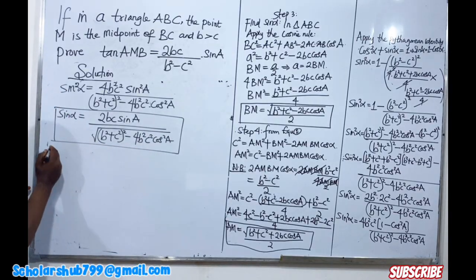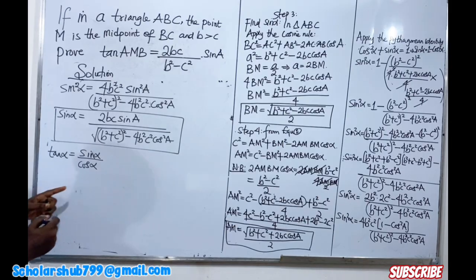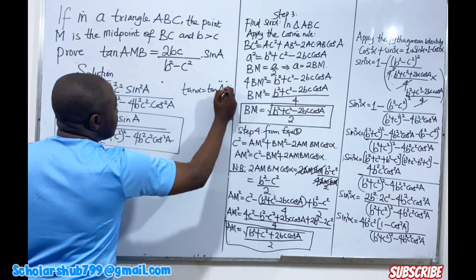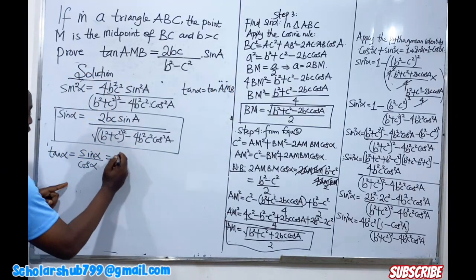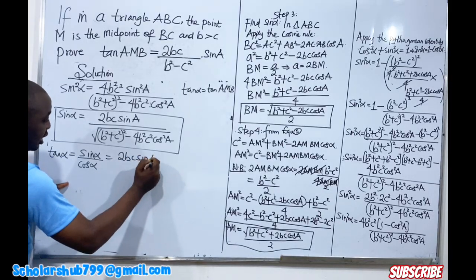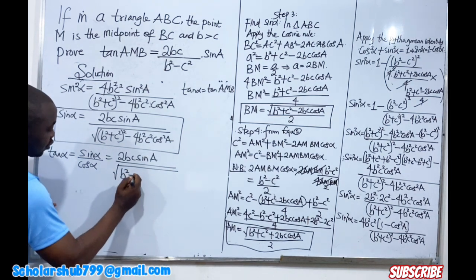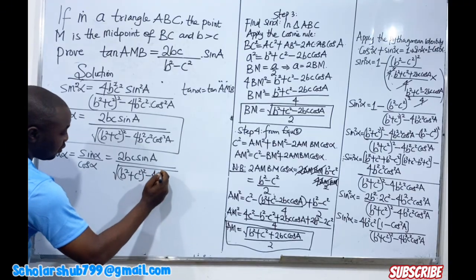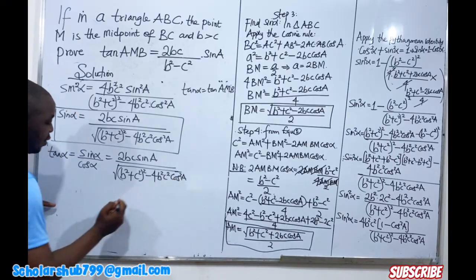So we want to obtain tan alpha. We know that tan alpha is what? Sine alpha over cos alpha. And don't forget I said tan alpha is the same as tan AMB. Let's take note of that. So in this case, we have 2bc sine a divided by the square root of b squared plus c squared, squared, minus 4b squared c squared cos squared alpha.